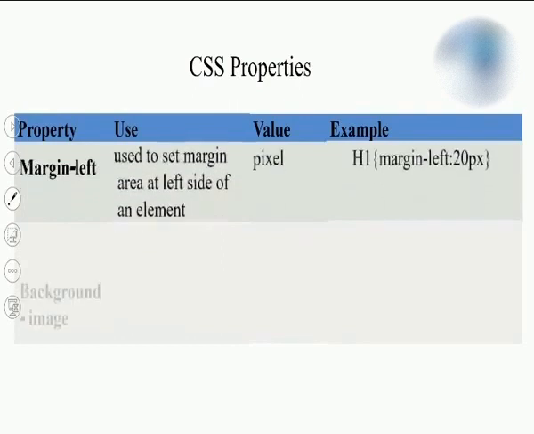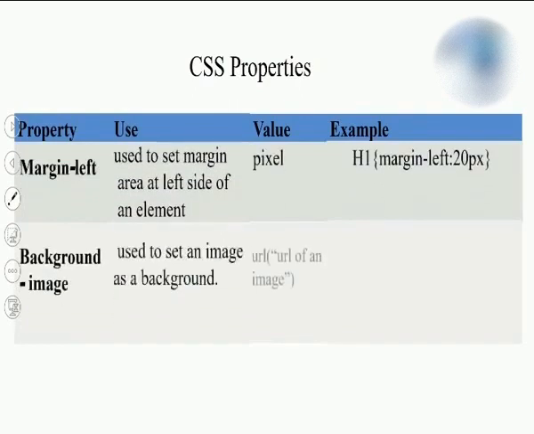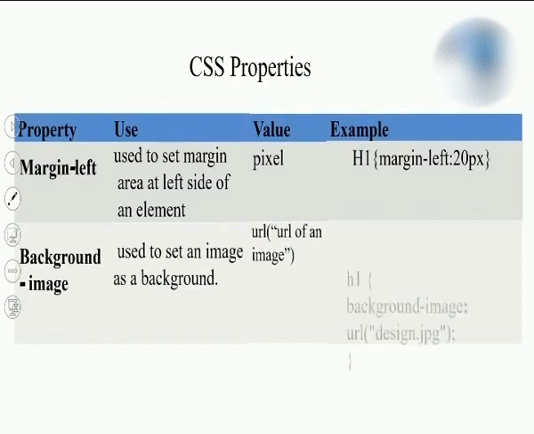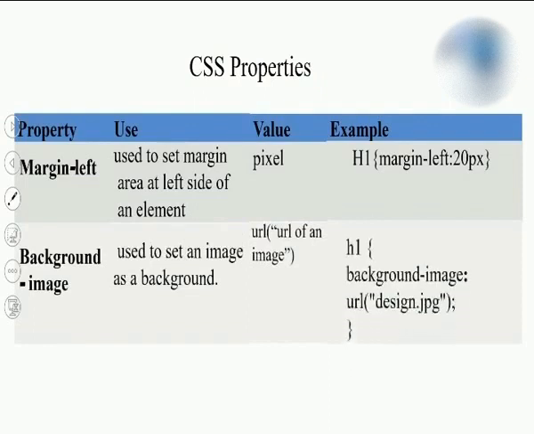Margin left attribute is there and background image attribute is also there to get the background image for your web page or even for any HTML element. Margin left, if you specify in pixels, will give the left margin for your particular HTML element. So today we are going to conclude on this slide.